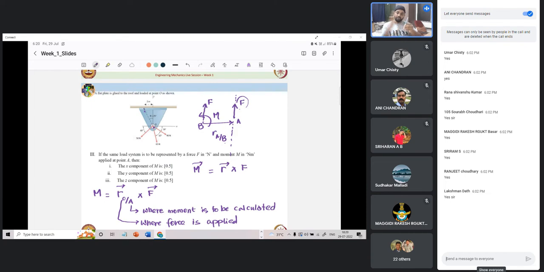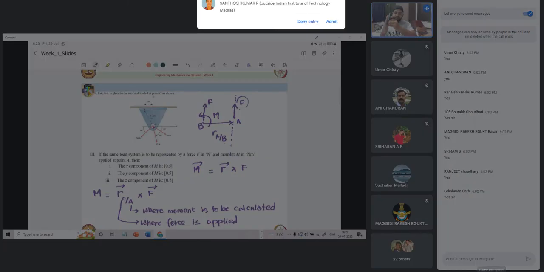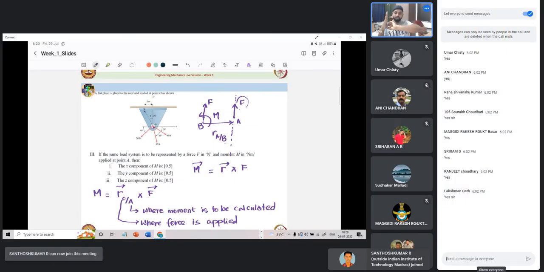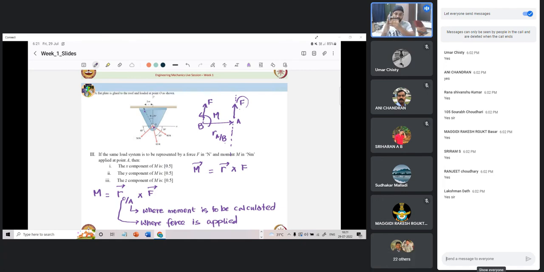So we have to place another force that will negate, because at that point initially there is no force. So F is placed at A. If we have to place F at B, we have to put minus F also at B. This minus F and the F that was applied at A will create a couple.